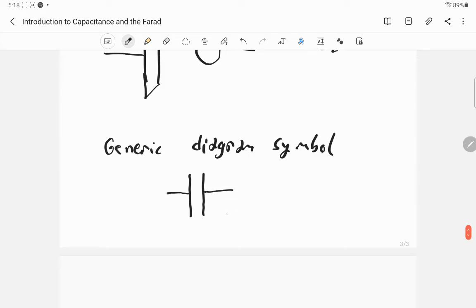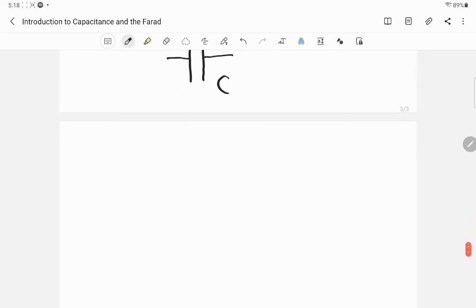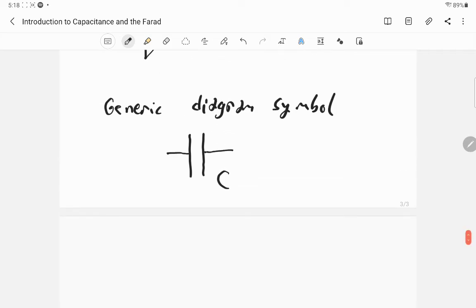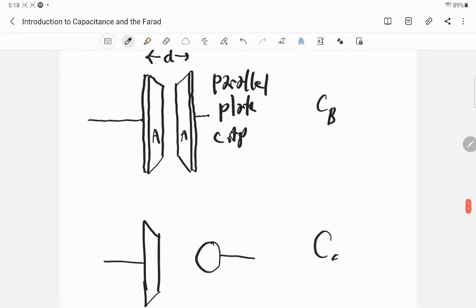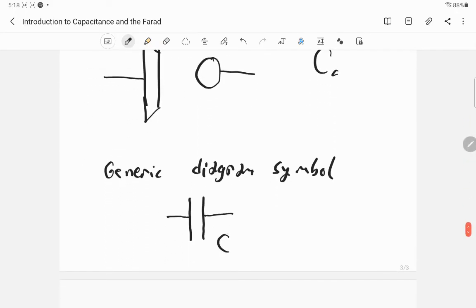So here is a capacitor. And in the future of this couple of lectures, I'll get to that. So let me just stop there. So I've got a circuit diagram symbol. We could say that this little thing is a 2 microfarad capacitor, right?